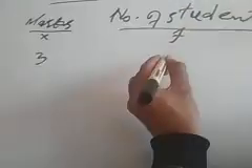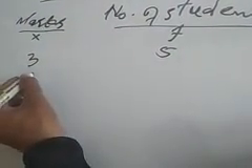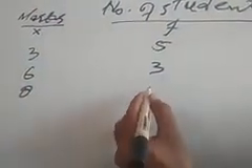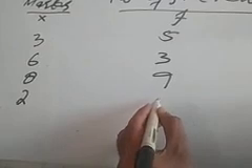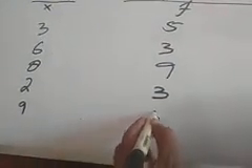Suppose 3 marks to 5 students, 6 marks to 3 students, 8 marks to 9 students, 2 marks to 3 students, and 9 marks to 5 students.